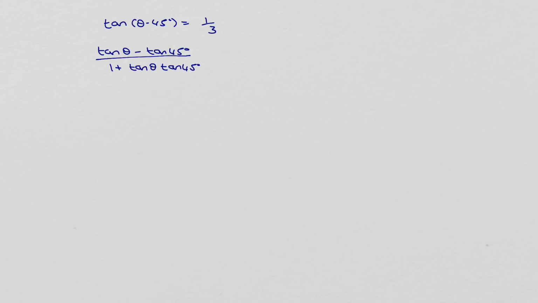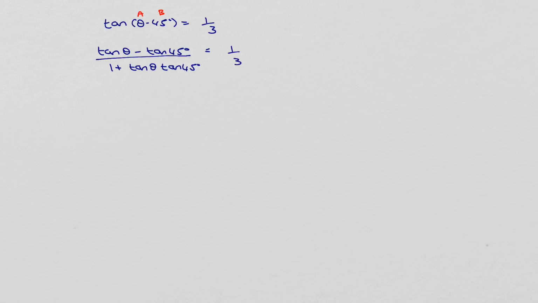So let's go on to the next page then and see what have we got. Well, we have tan of theta minus 45 equals a third. So instead of tan of theta minus 45, I'm saying tan A minus tan B all over 1 plus tan A tan B, and that equals 1 over 3.